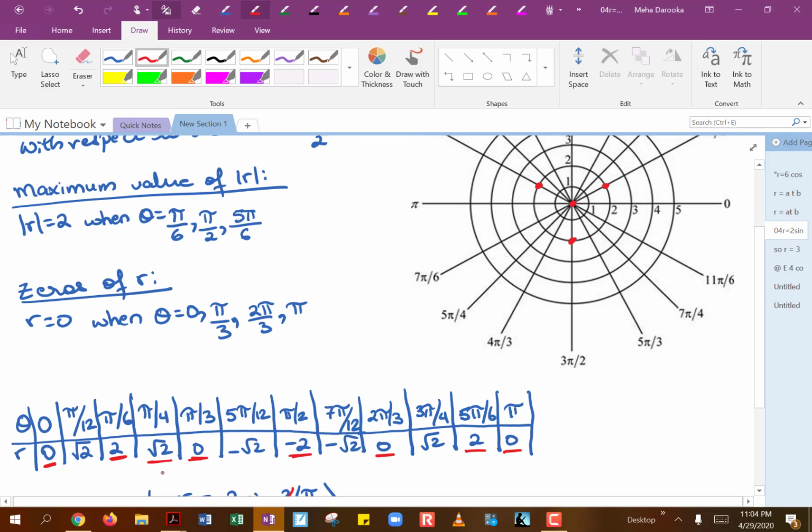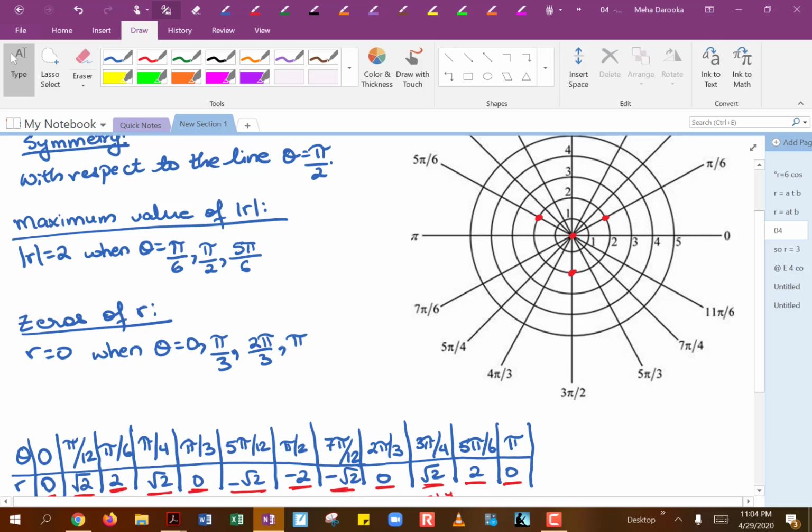So let's do the 45-degree angle. Square root of 2, of course, is approximately 1.4. So this would be approximately negative 1.4, approximately 1.4, approximately negative 1.4, and approximately 1.4.